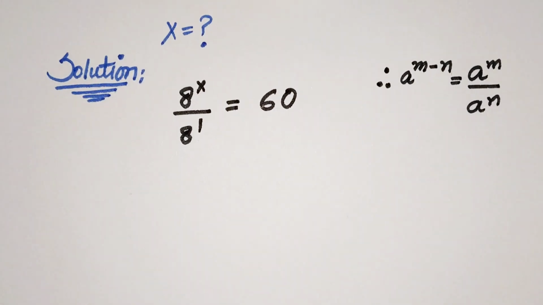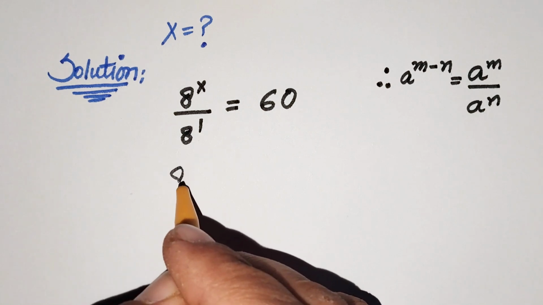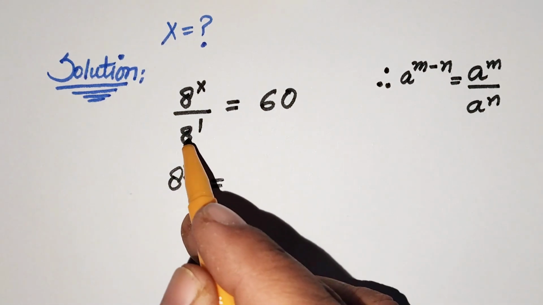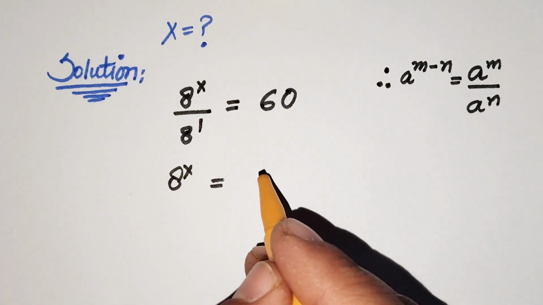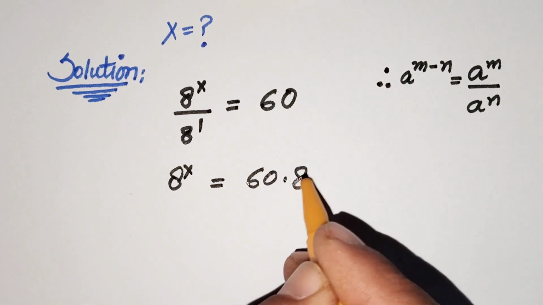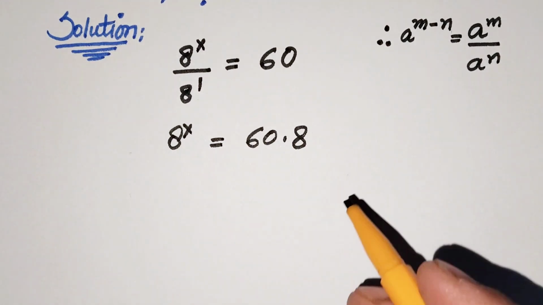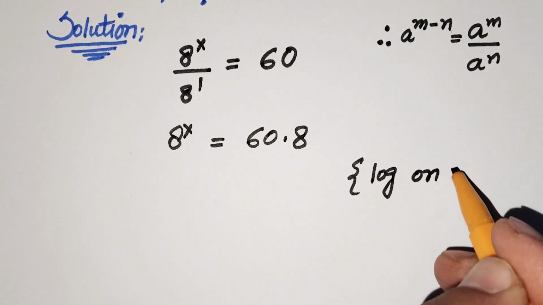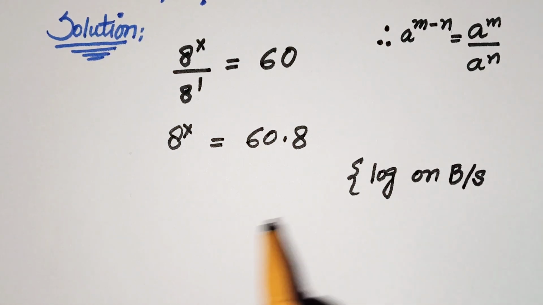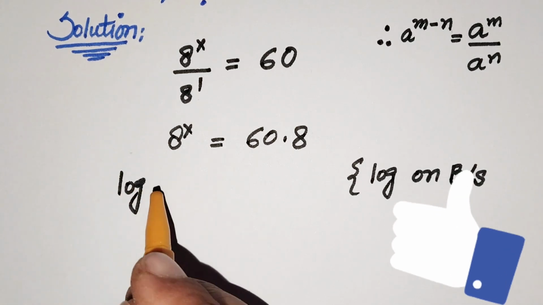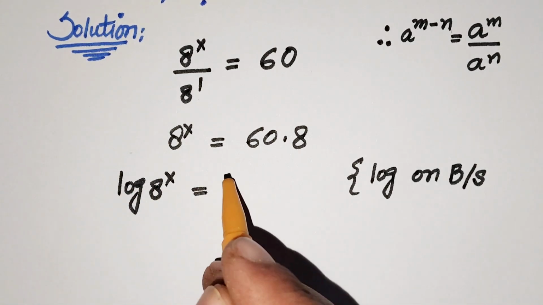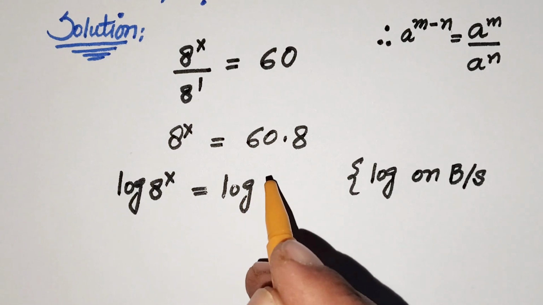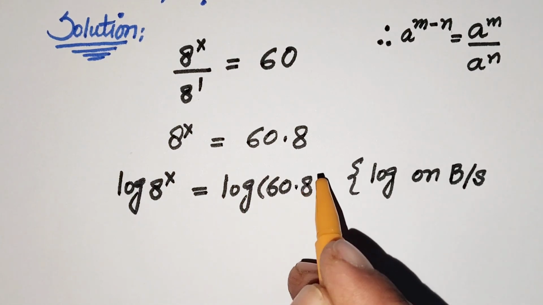So now here 8 raised to power x is equal to, if we multiply this 8 by 60, then we get 60 times 8. So now taking log on both hand sides, we have log 8 raised to power x is equal to log of 60 times 8.